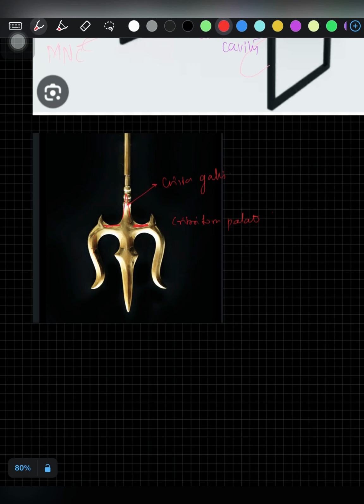But the structure is not exactly, but almost like this. So on either side we have the superior and middle nasal conchae. Just imagine them projecting into your nasal cavity. And the center is the perpendicular plate of the ethmoid bone.